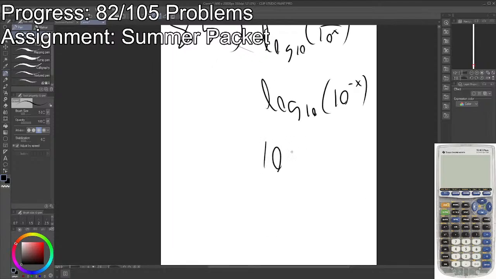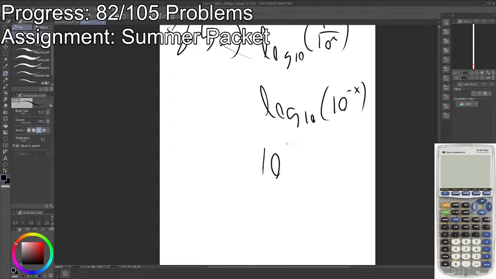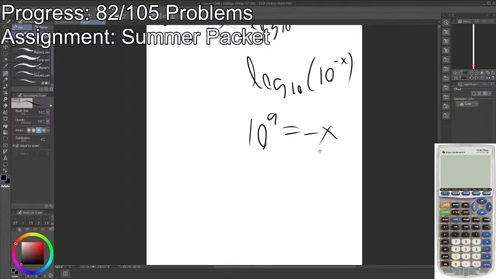So 10 to the a equals negative x, 10 to the power of negative x.